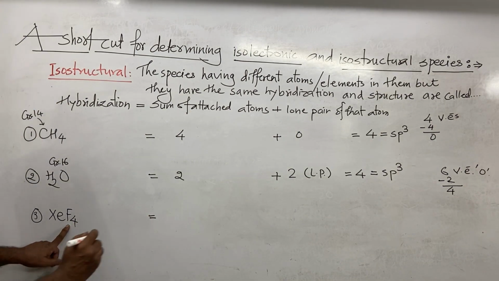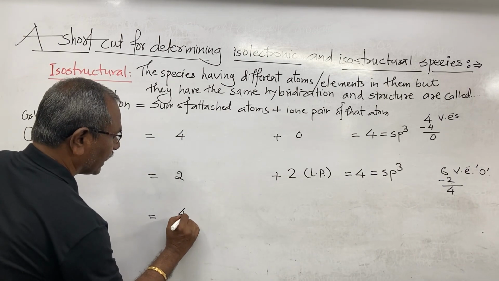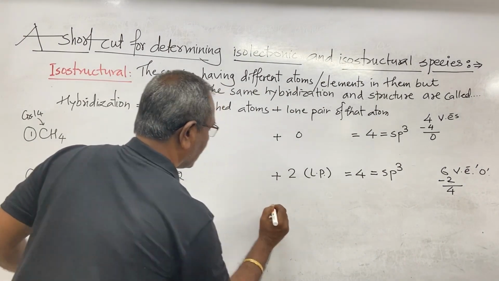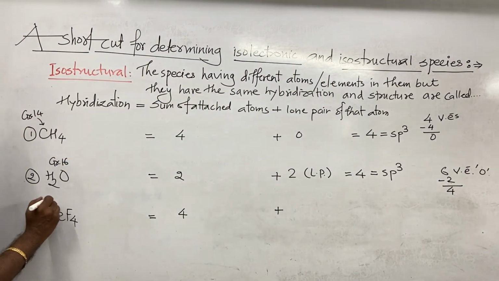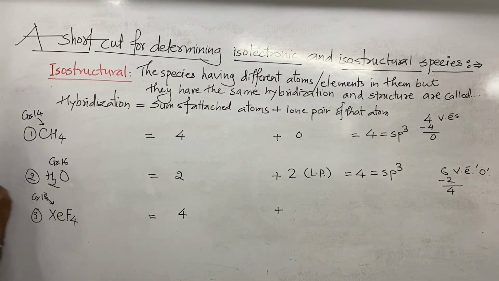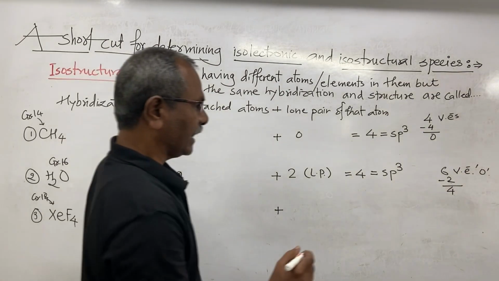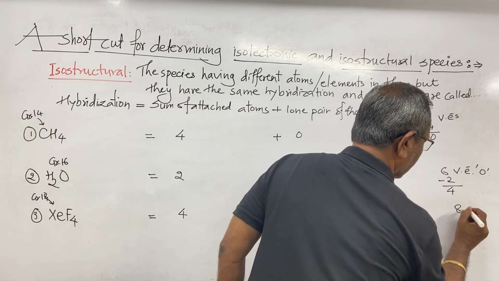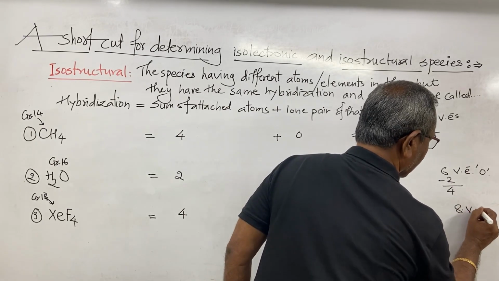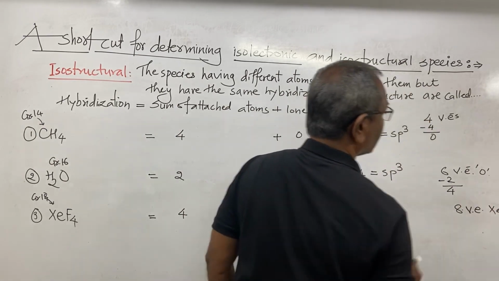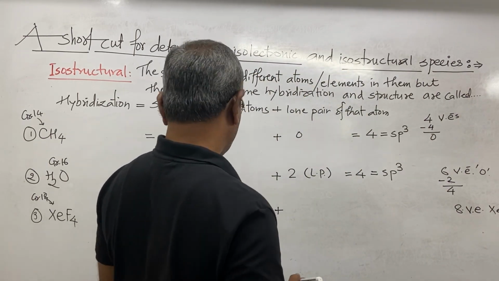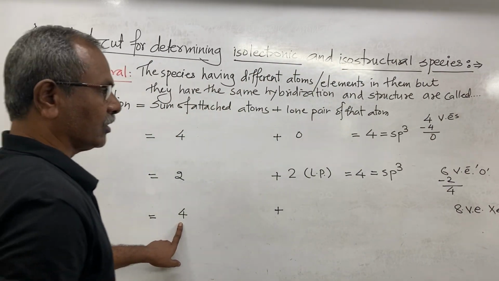here 4 F atoms are attached to xenon, and xenon belongs to group 18. So there are 8 valence electrons in case of xenon, correct? So out of 8 electrons, 4 electrons are used.